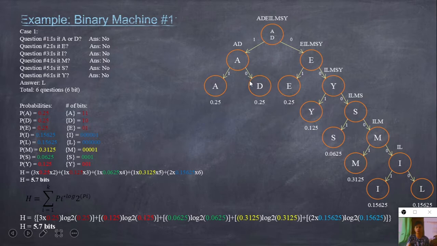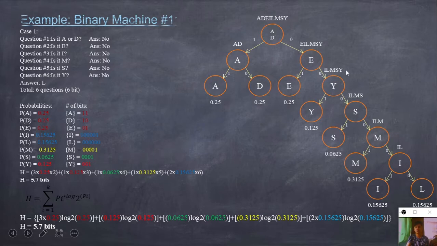If no, D is predicted as 0. Then in this part, for E, I, L, M, S, Y, we'll use E. For yes, E is predicted, so it is 1. For no, Y is predicted as 0.